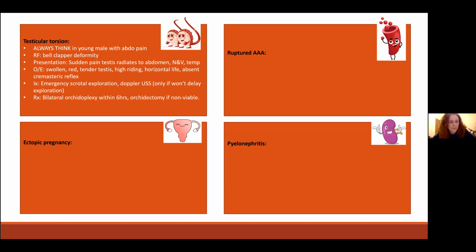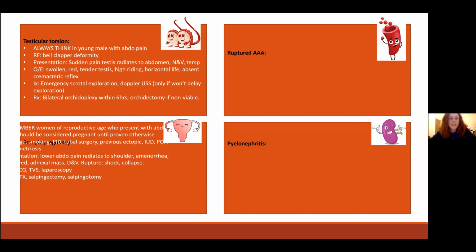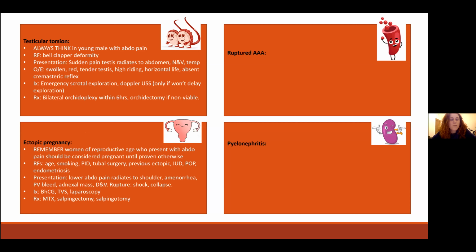Methotrexate, salpingectomy. Yeah, so you've got the main ones there. So just remember, any woman of reproductive age, you have to presume they're pregnant, and if they've got abdo pain, it could be ectopic pregnancy.